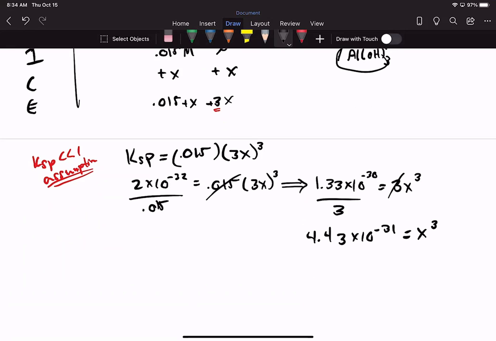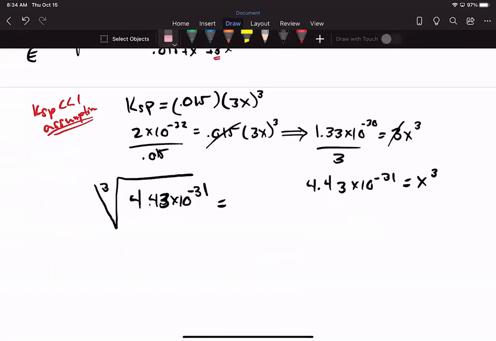If you can do the cube root of this, there's 2 ways to put it into your calculator. So you're going to put this into your calculator, 3 times 10 to the minus 31, and that'll give you some answer.